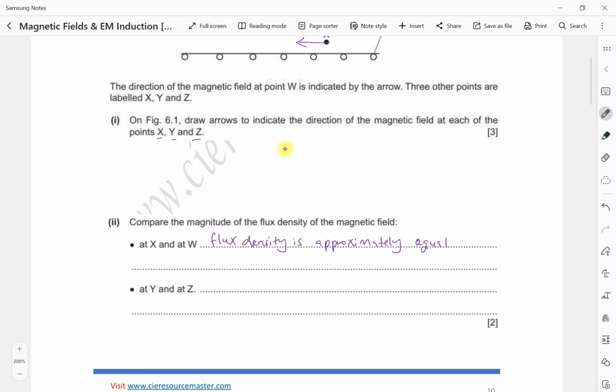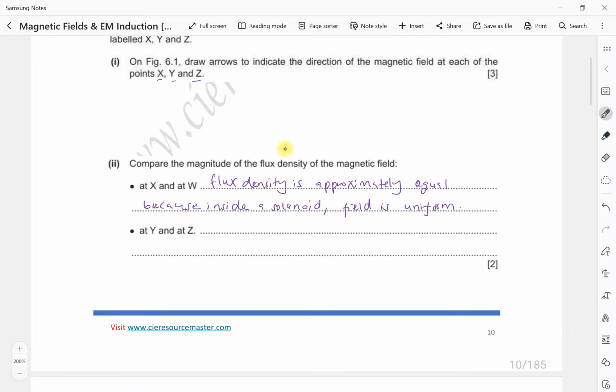The reason why it is approximately equal is because inside the solenoid the field is approximately uniform. So because inside a solenoid the field is uniform, the magnetic flux density is constant.